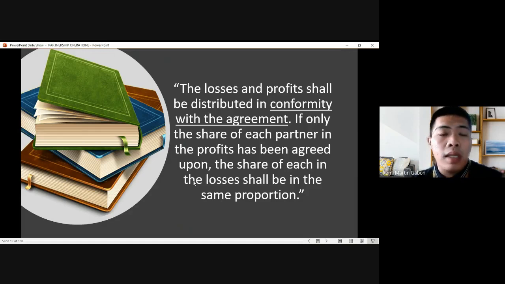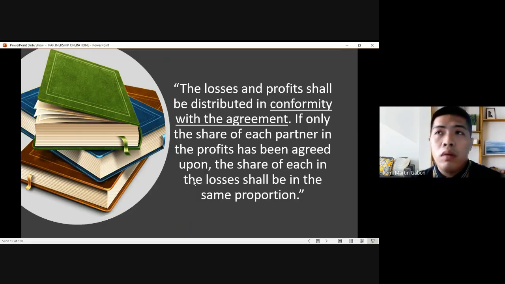What does it mean by the second statement? If only the share of each partner in the profits had been agreed upon, the share of each in the losses shall be in the same proportion. Ibig sabihin lang yan, if the partners did not agree as to the distribution of the loss because they only focus on the distribution of the profit, should the operation of the partnership result in a loss, such loss shall be distributed in accordance as if profit had been the result.